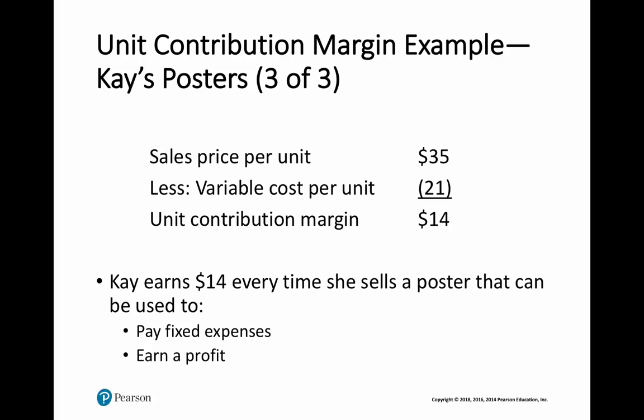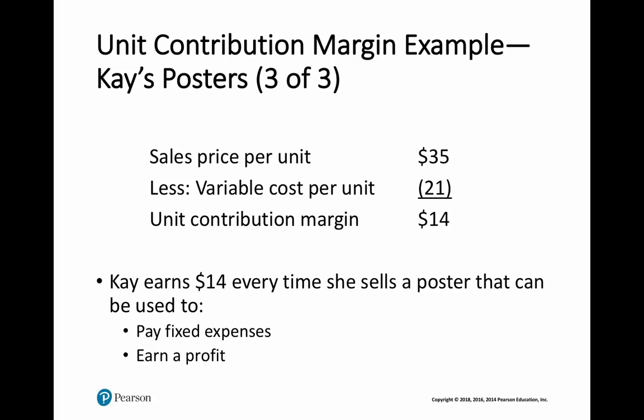So we can see here Kay earns $14 every time she sells a poster that can be used, first to pay for those fixed expenses, next to earn a profit. When Kay's starting off, her very first poster she sells is going to bring her $14 of contribution margin. That's going to pay for her first $14 of fixed expenses.